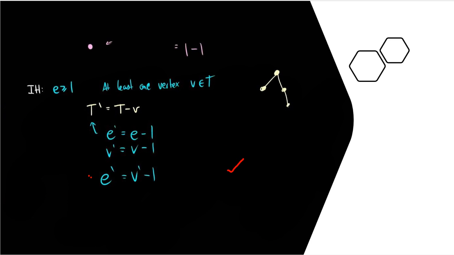Okay, let's come to the second case. In the second case, they are saying that edges is greater than or equal to 1. It means we need to have at least one edge. So how many vertices do we need for our edge? We need 2 vertices. So 2 vertices can make one edge. But there is one thing more.